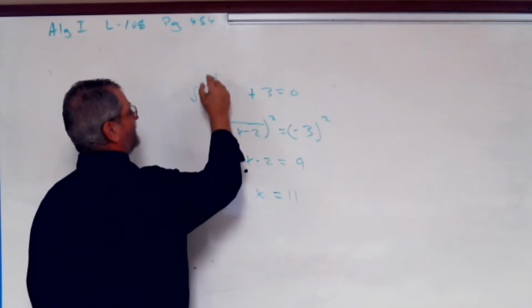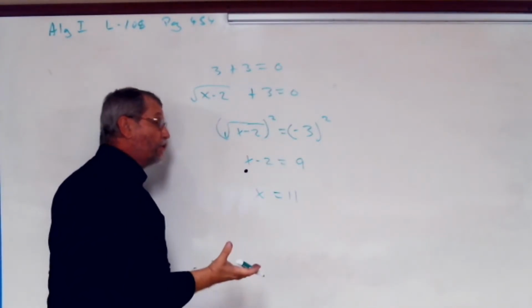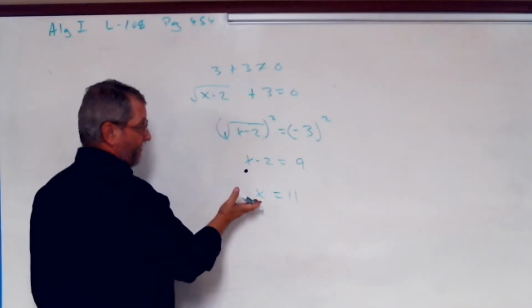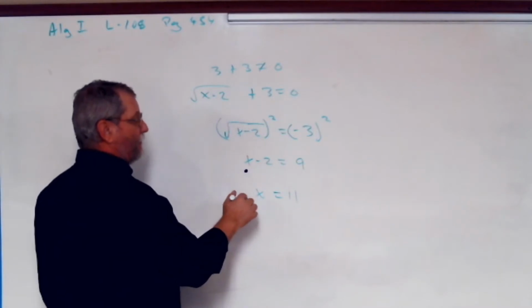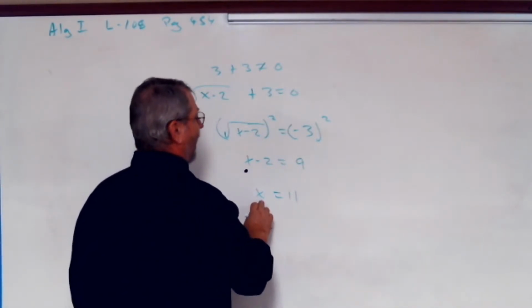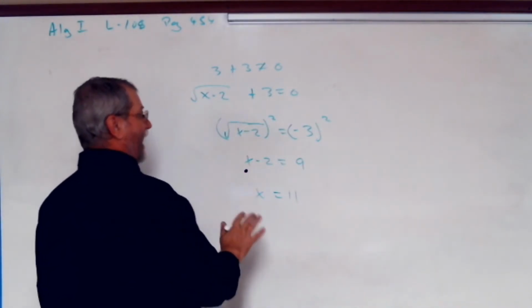The square root of 9 is 3, plus 3 equals 0. Is that true? No. Now, we solved it correctly. This is the answer. But this is called an extraneous root. That means it does not work. That means there's no answer.